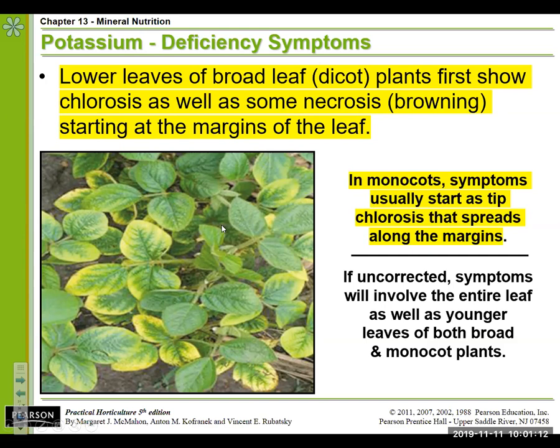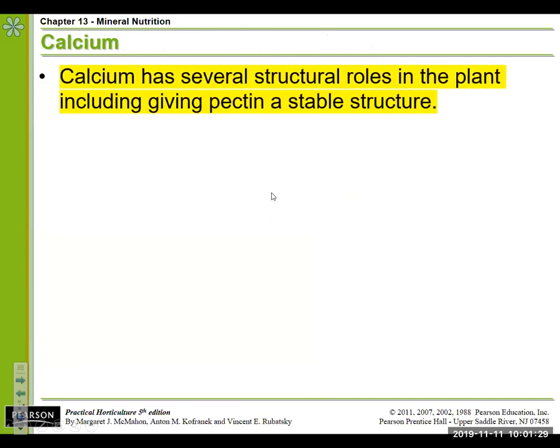In monocots, or grasses, it happens a little bit differently. The symptoms usually start at the tip and then spread along the margins. And then if that's uncorrected, it will happen for the entire leaf and eventually cause it to die.